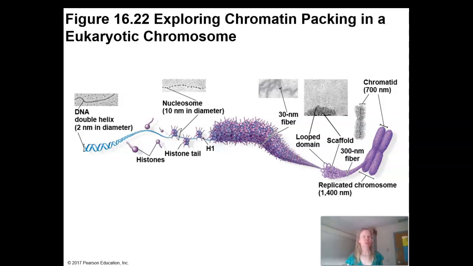So that's what we're looking at here, right? Our double helix is wound around these proteins called histones. And then you see how it's looped and looped and looped, and we managed to cram this all into a chromosome. So a chromosome is made of the molecule chromatin, which is the DNA and the protein that's called a histone. That's chromatin. So then that's wrapped up into the chromosome.